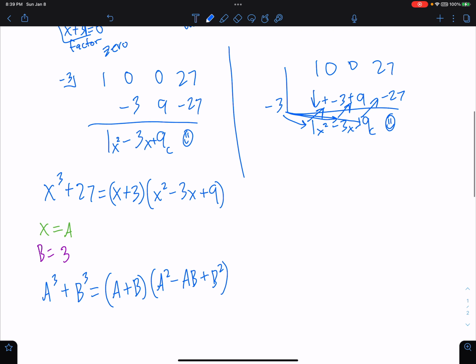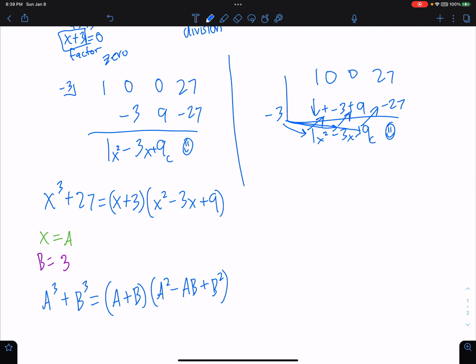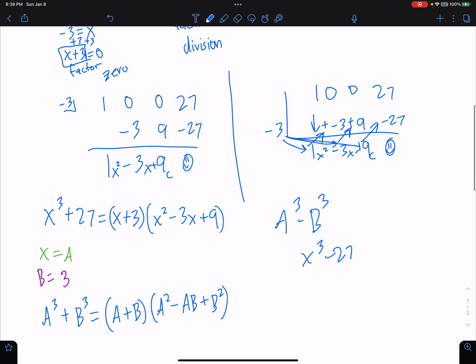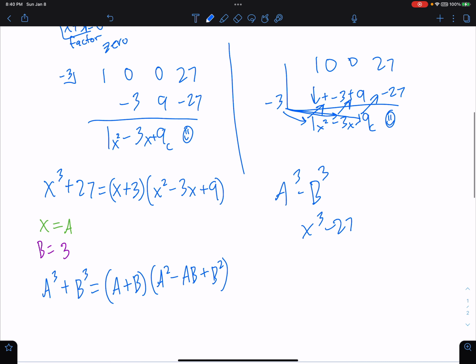And of course this works the same if you wanted to come up with a cubed minus b cubed, right? You just look at a polynomial like x cubed minus 27. You do the same steps, but then you get that x minus 3 is your factor.